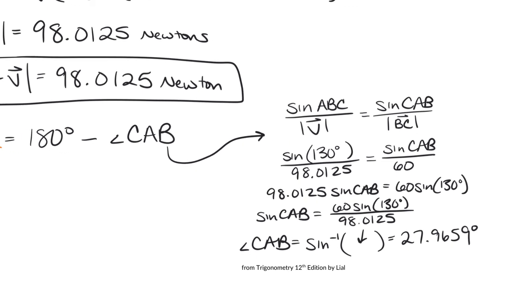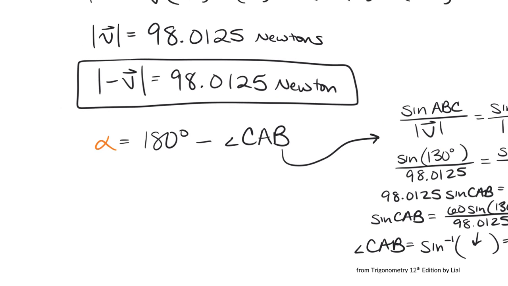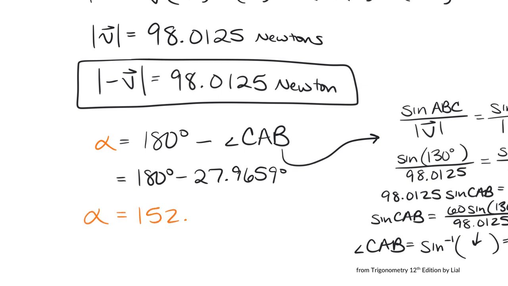So boom, we have angle CAB. So we can go back to the idea of supplementary angles here and find that angle alpha is equal to 180 minus that 27.9659 degrees. So we end up finding out that angle alpha is 152.0341 degrees.